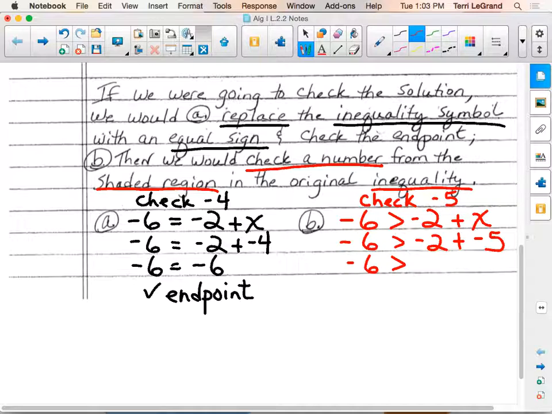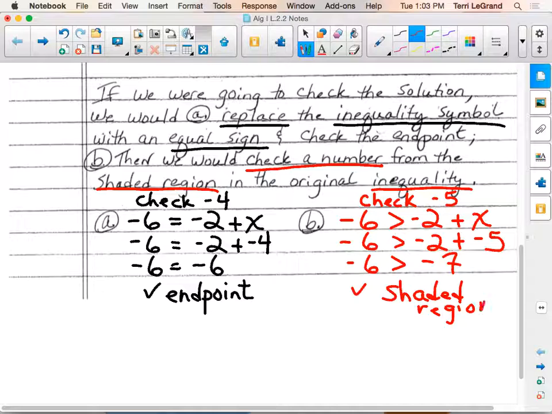What is -2 plus -5? Yeah, I bet it's -7. Okay, true or false statement? True. So what does it say? -6 is greater than -7. And that's true, isn't it? So our shaded region checks.